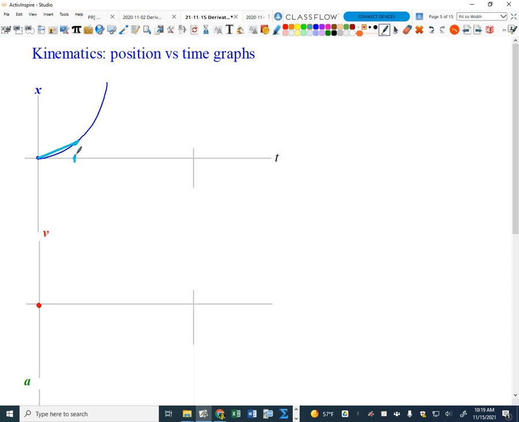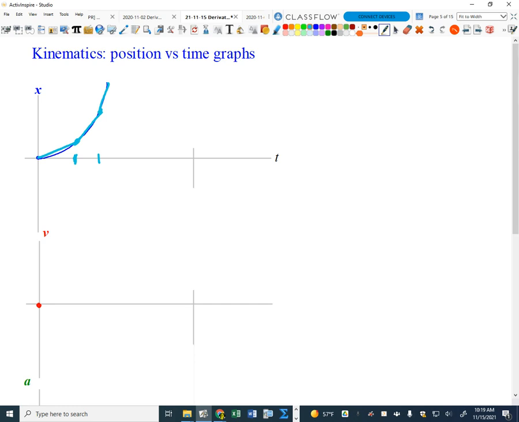If I start the clock again here, and look at the interval from there up to there, well, if I calculate that rise over run of that little increment in time, it's a little bit steeper, isn't it? So I've got a little bit higher velocity, and then even more so up there if I took that last little piece, right?